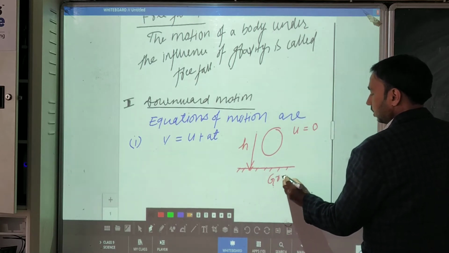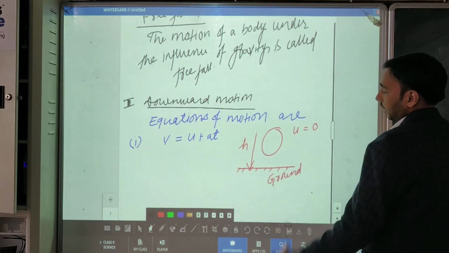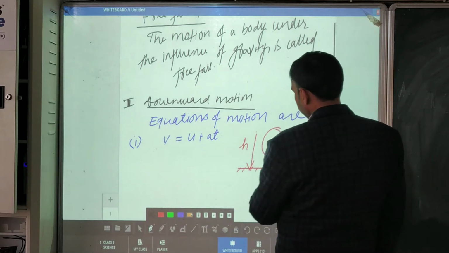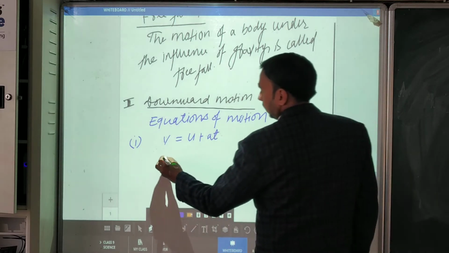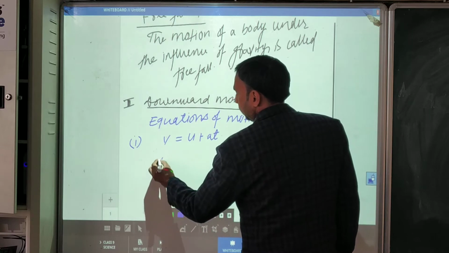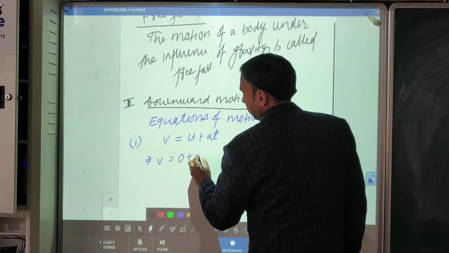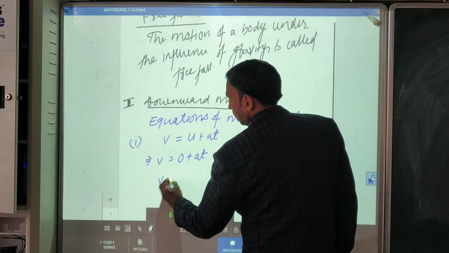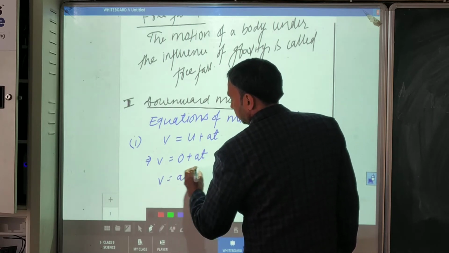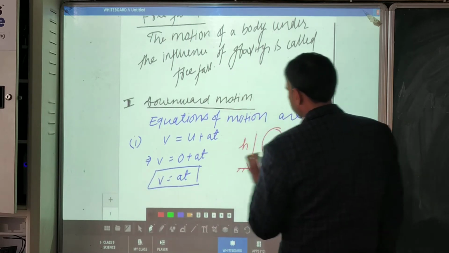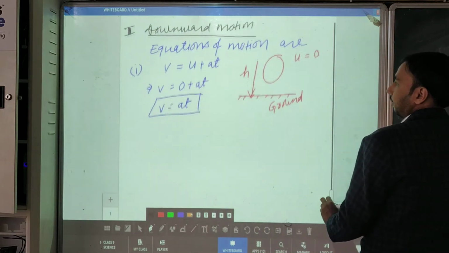The initial velocity is 0, so the final velocity v will be equal to 0 plus at, which gives v is equal to at. So this is the first equation of motion.